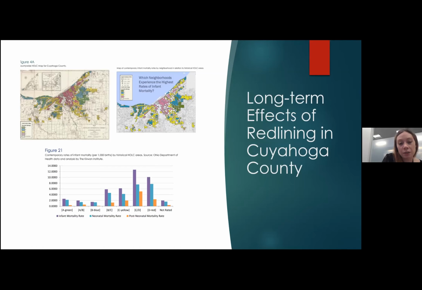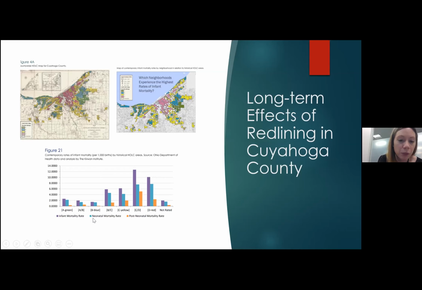And I think figure 21 there really shows that. It's very telling in that you can see that the infant mortality rate in purple is much, much higher in those places that were rated yellow or red in the 30s as compared to those that were rated A or B, so green or blue.